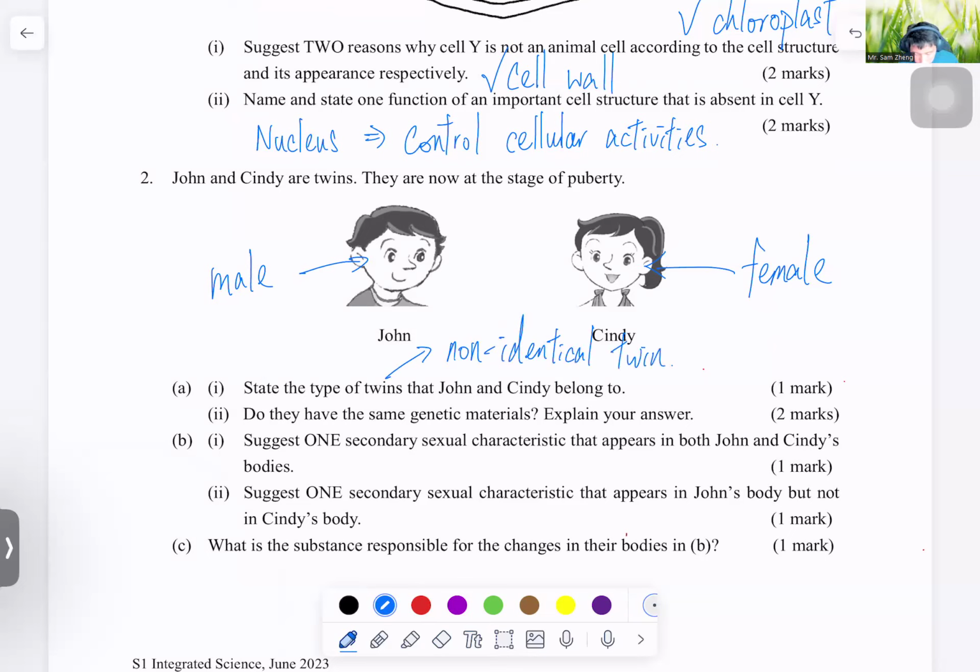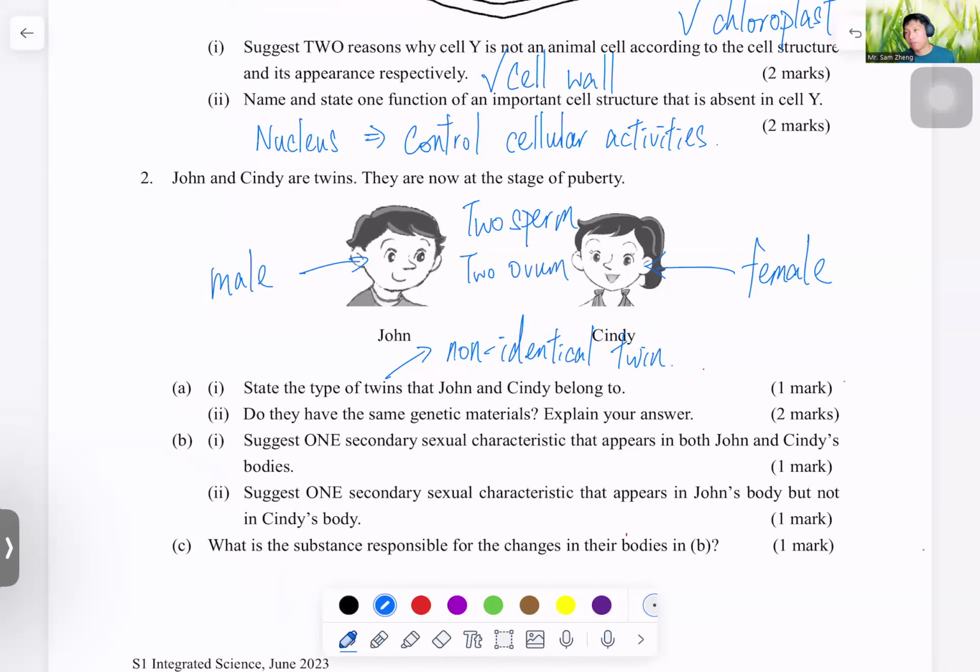As they are non-identical twins, they are made up of two sperm and two ovum. What does this mean?